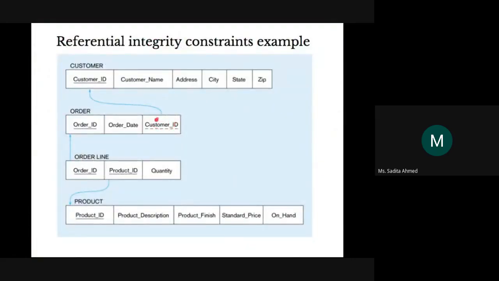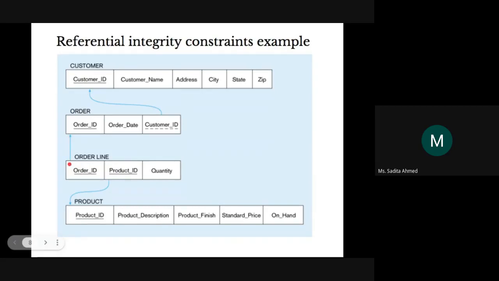Customer ID is a foreign key and it's only a foreign key, that's all. However, here, order ID and product ID are not just foreign keys, they're also a part of the primary key of the order line relation. So we must use the solid underline to represent the fact that they are part of the primary key. Together they make up the composite key, or the primary key, whatever you call it. But we must have the arrows as well. Why?